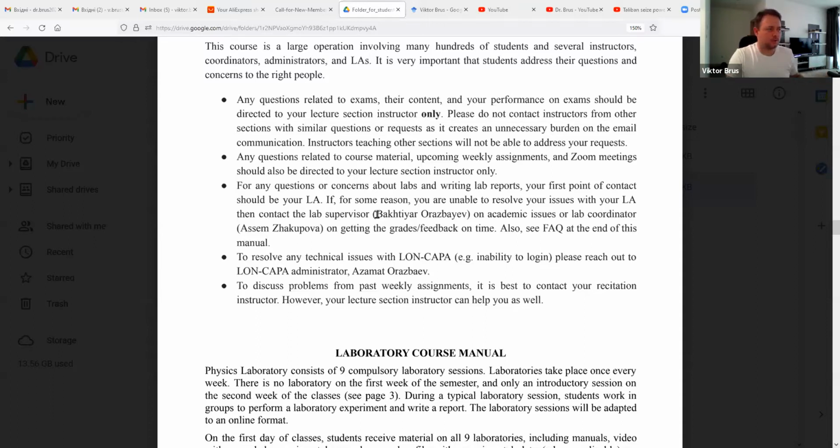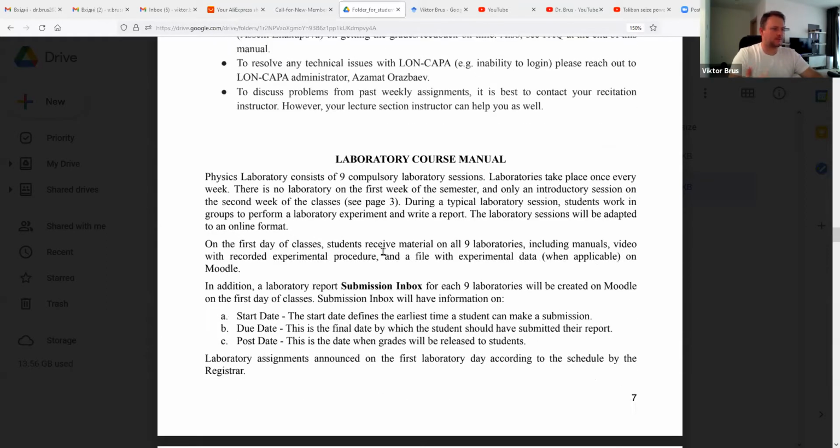There should definitely be a reason for an appeal for a lab or for a LongCAPA problem. It may be that there is some technical issue. That's why I cannot claim that it's impossible that your solution is correct and it's not accepted by LongCAPA. Could be some issue. We will figure this out. Don't worry about this. You will let us know.